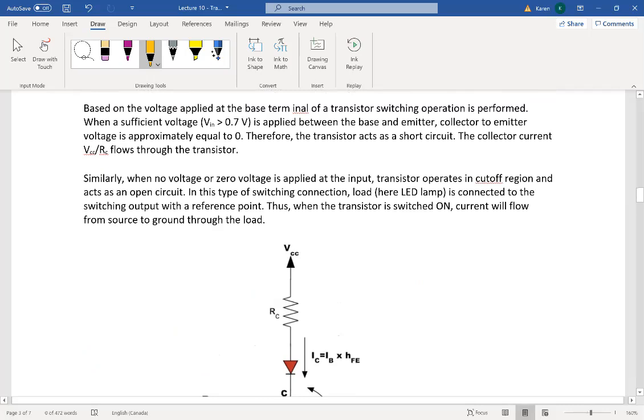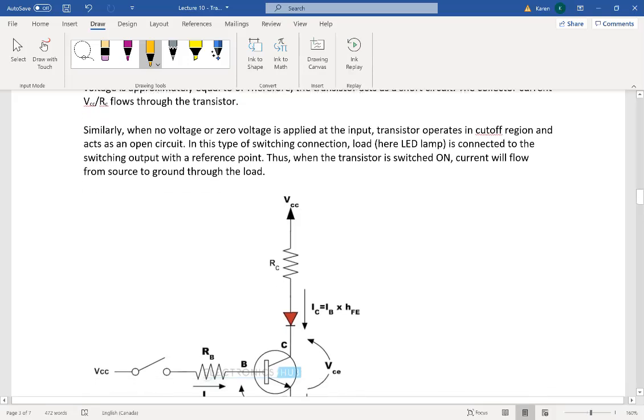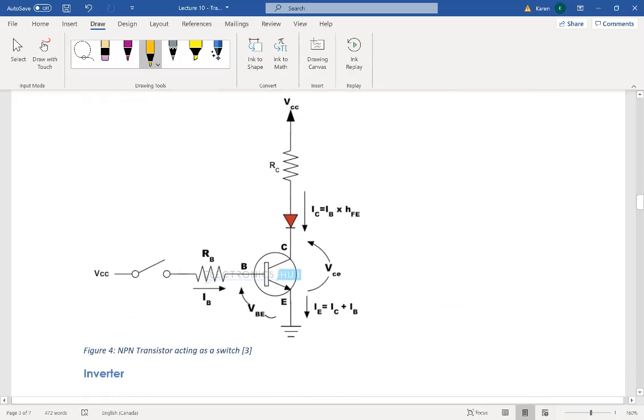So as I said here, when you put sufficient voltage on the base, then it is going to close. So if you put sufficient voltage here, say plus 2 volts in my example, then this is going to close here, and you have closed this switch.